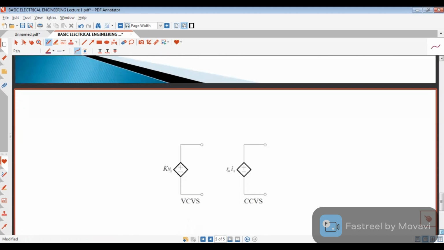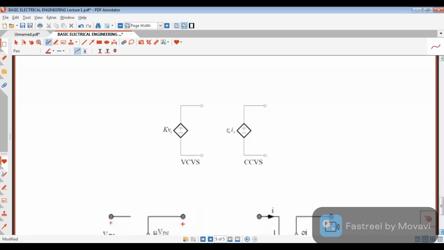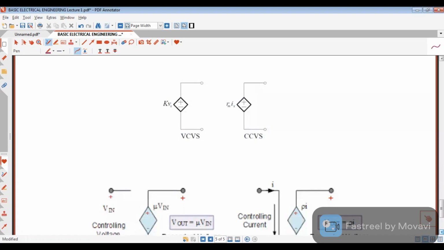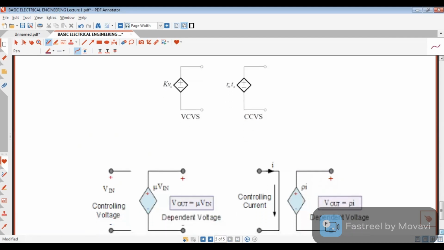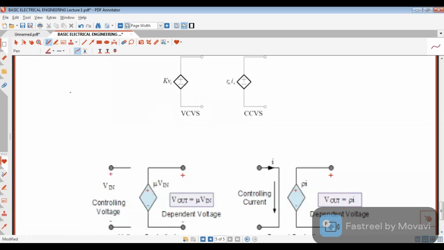Now, as I told in the beginning of this lecture, there are dependent sources. If we see here, the symbol of a dependent source is different from the independent sources. We can very easily see that it has a plus and minus and its shape is like this.